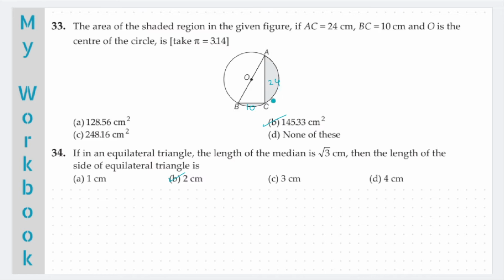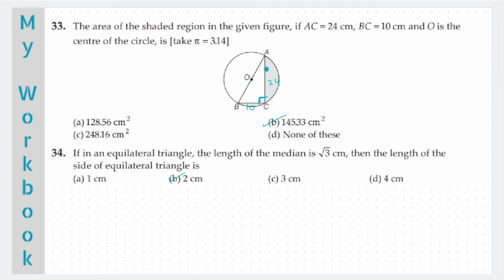In this circle, AB is the diameter. So angle C will be 90 degrees. Why? Because angle in a semicircle will always be 90 degrees. So AB is the diameter and C is a point on the semicircle. So we can say that this angle is 90 degrees. So we know the base and the height.